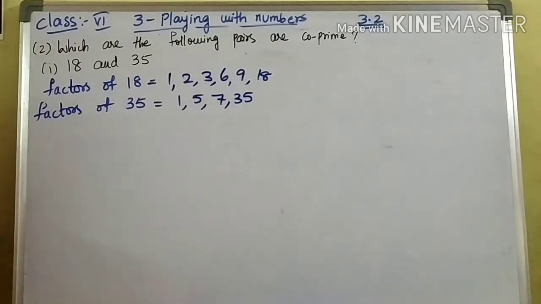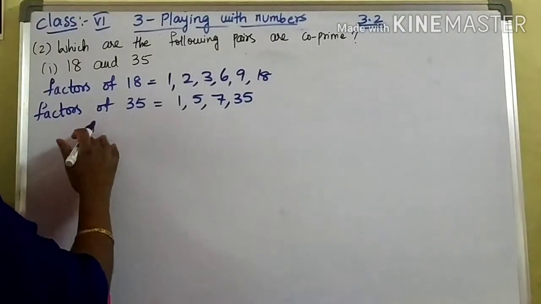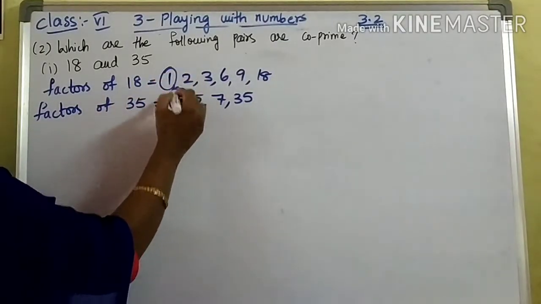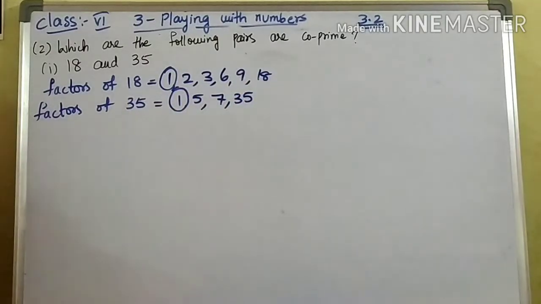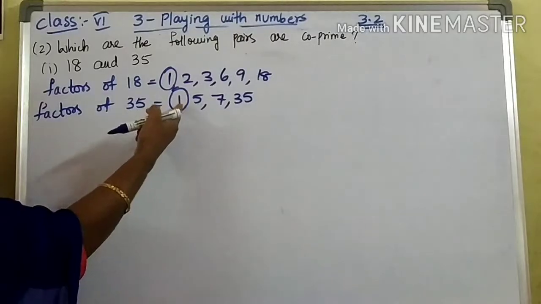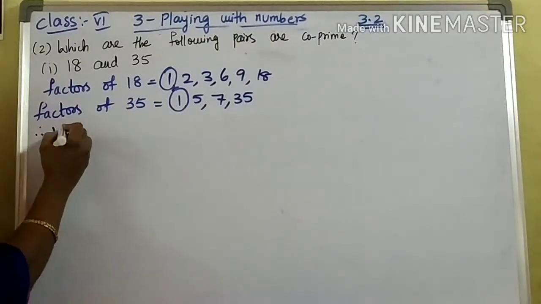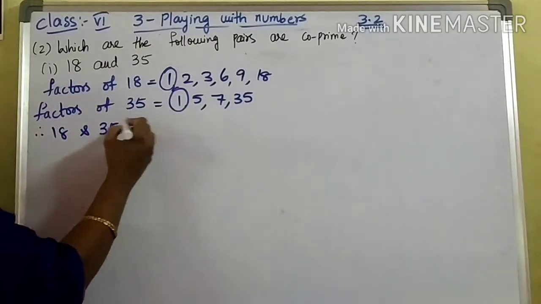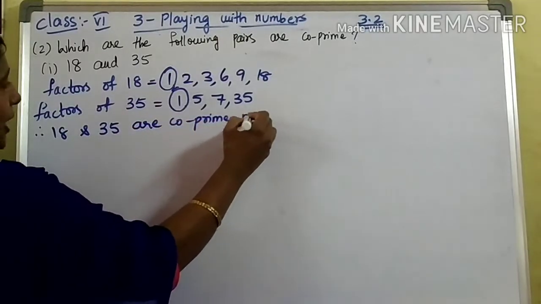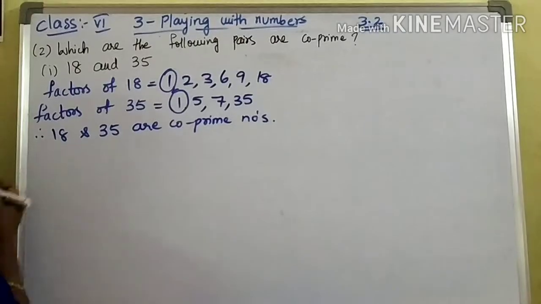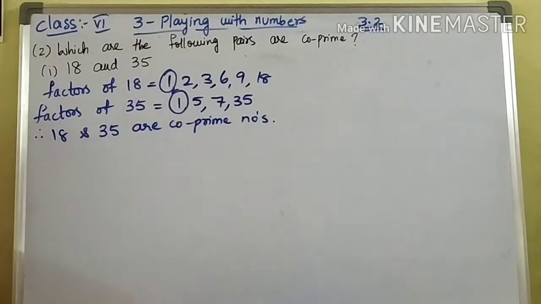Now we will see what the common factors are. 1 is common. Any other common factor here? No. So only 1 is a common factor. Then I can say 18 and 35 are co-prime numbers. Right?